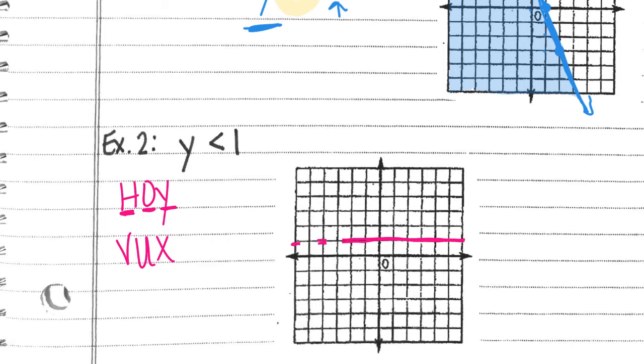This actually has to be a dotted line. So I'm going to draw a dotted line. And if y is less than, remember I'm going to shade everything smaller, going down on the y-axis. So we always solve for y unless it's an x equals only. And that is what this y is less than 1 will look like.